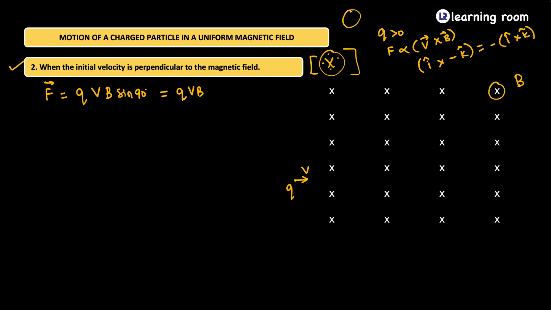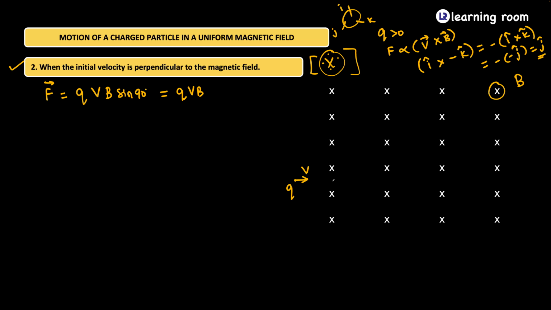If you take it like this, I J K, I cross K is going to be minus J. Clockwise is negative, right? So it is going to be negative of negative J cap, which will be J cap itself. So what is the meaning of this? It means the charged particle starts experiencing force in the upward direction.